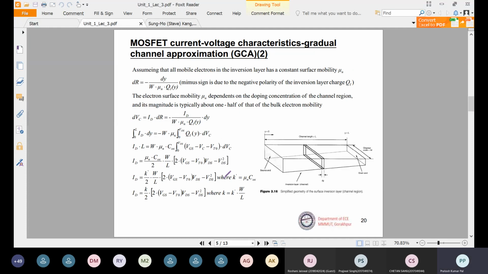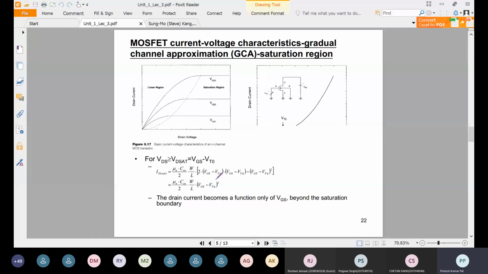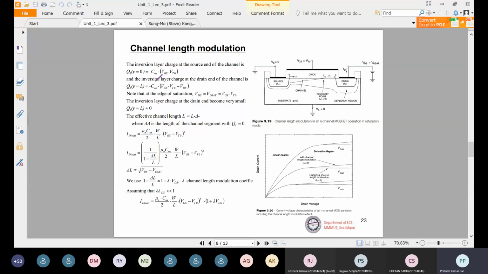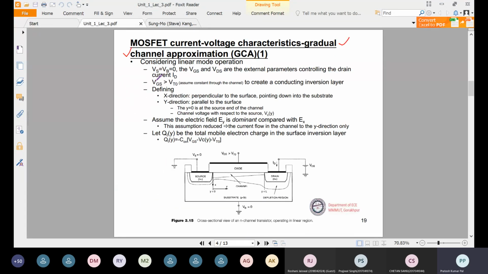We will see how this current is affected by the channel reduction, and how we can calculate the different parameters needed for designing a circuit. We will take it one by one.